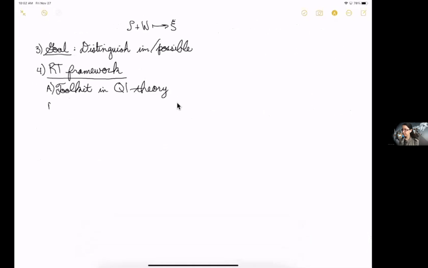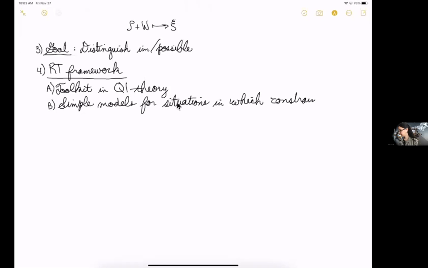It consists of simple models for situations in which constraints restrict the systems we can access and the operations we can perform.